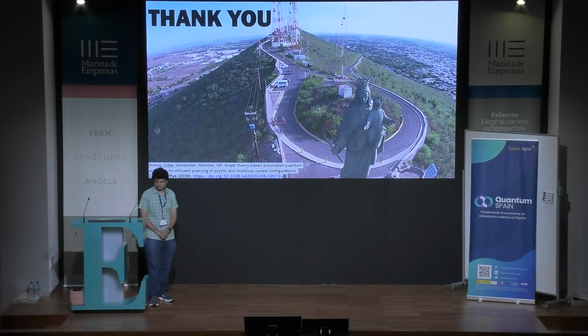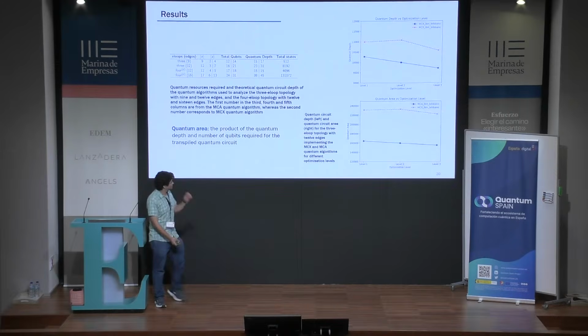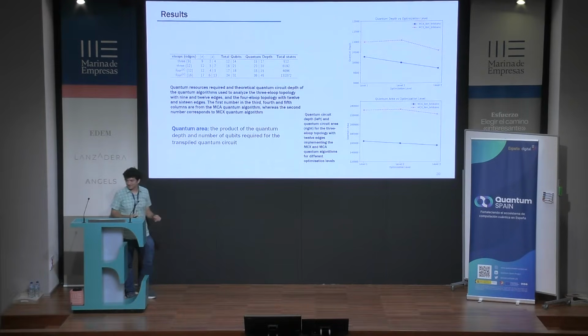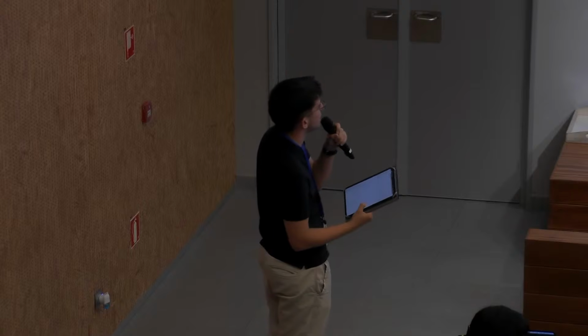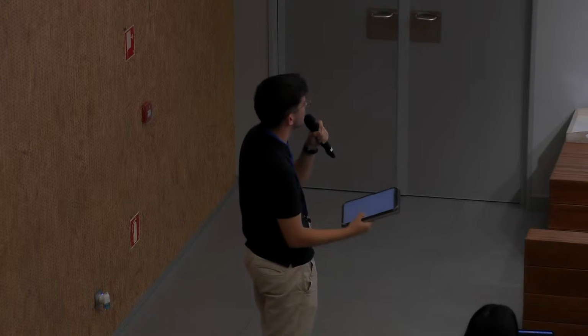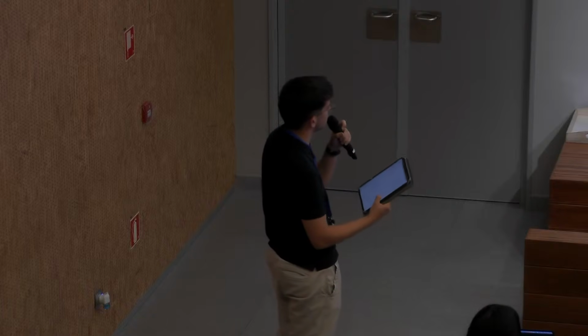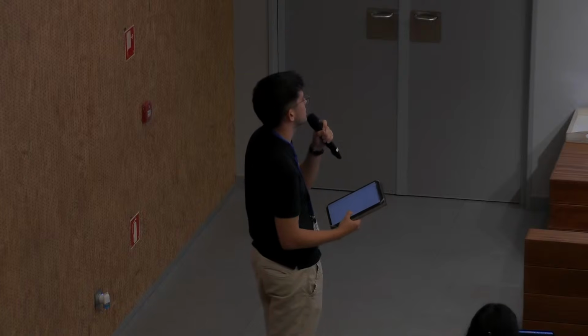So now we have time for a quick question. Anyone? Well, I have one, because in the last slide we saw that the depth is smaller than in the previous experiments. Do you think that by applying more graph theory you can lower the depth in order to run it in a few years on a real quantum computer, or is it very difficult?